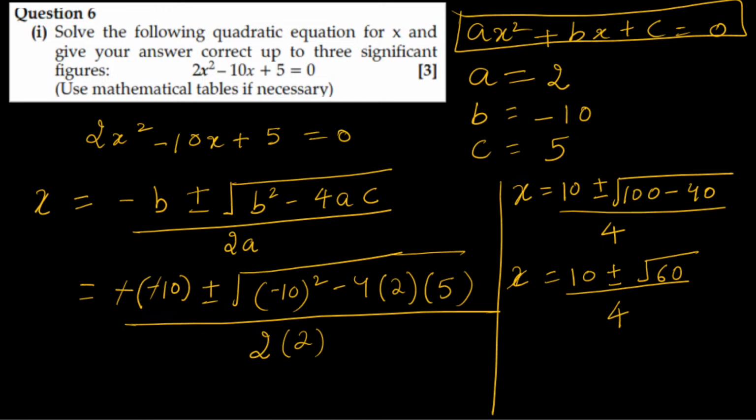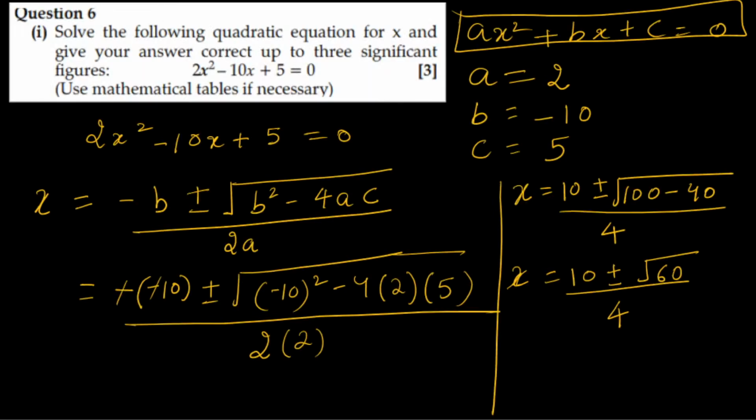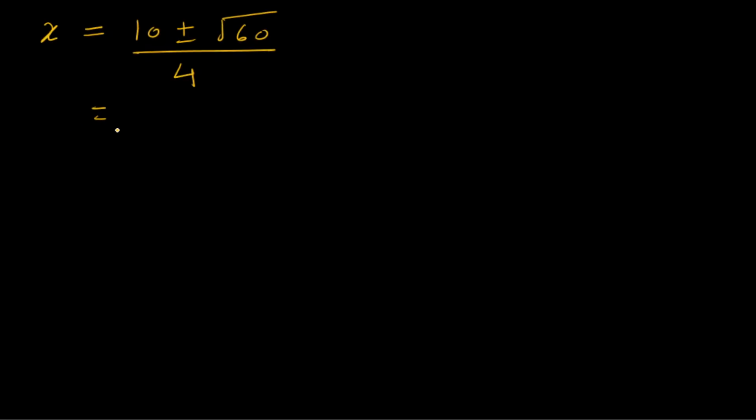Now I want you people to see the value of root 60 and tell me. From the square root table, at the back of your textbook, values from 1 to 100 are given. You have to see the value of root 60 and tell me. So 10 plus minus root 60 by 4. I am getting different values, three different values.